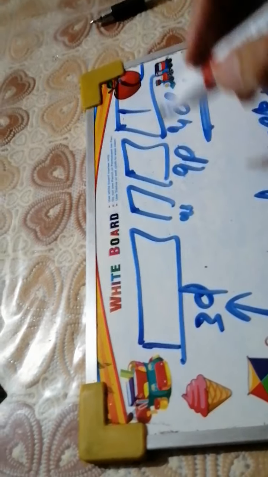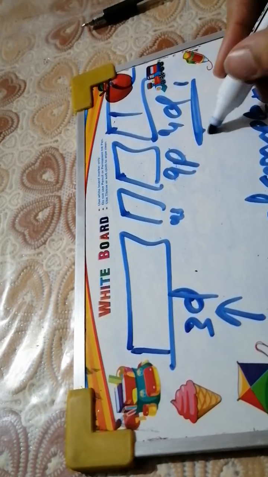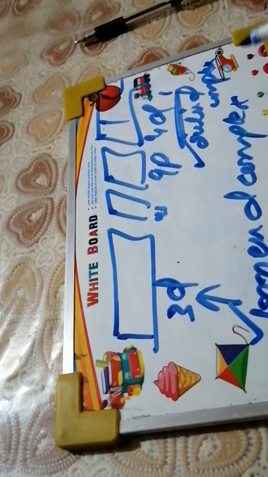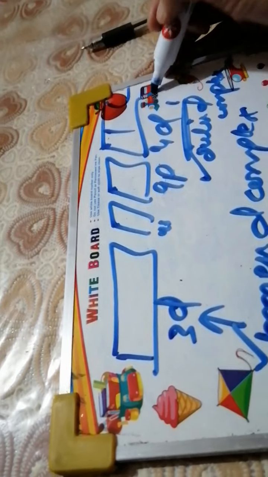When it is using outer d, it's outside, it becomes an outer d complex, right? So there are two kinds of complexes, outer d or inner d complexes. So right now in this current situation, it is an outer d complex because we are using 4d, not 3d, right? Thank you.